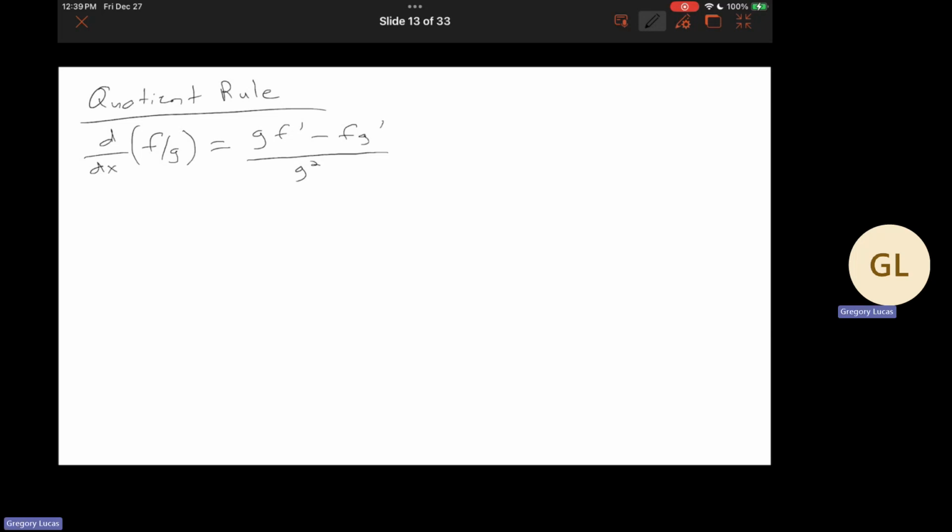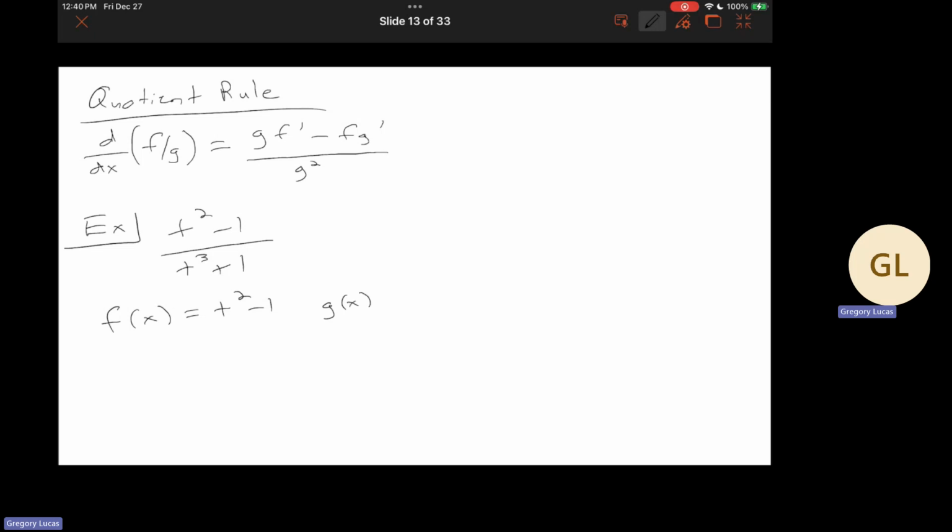Let's look at an example. If we have t squared minus 1 over t to the third plus 1. Let's pick f of x as our numerator, t squared minus 1.